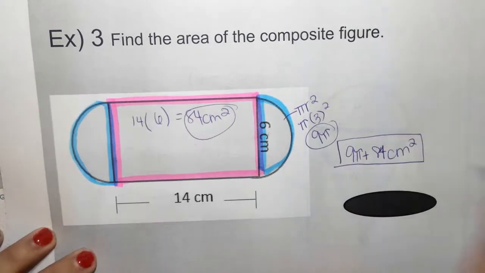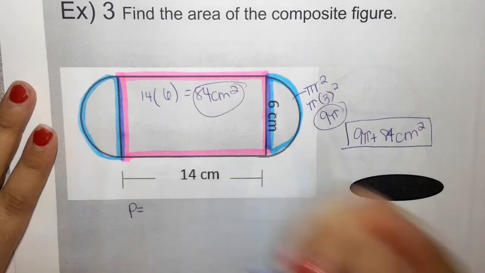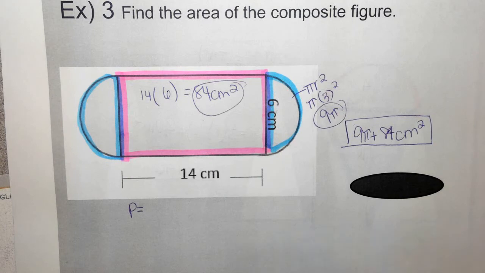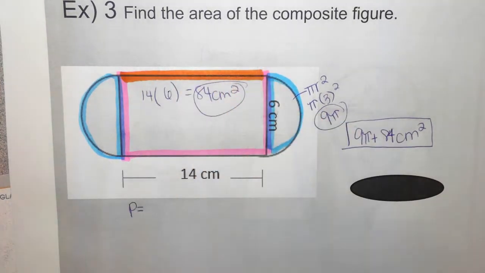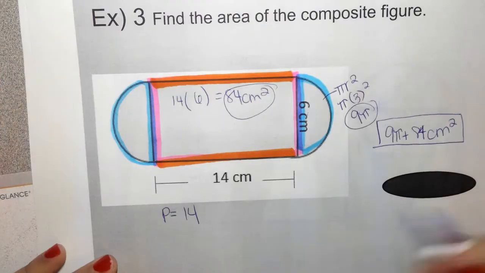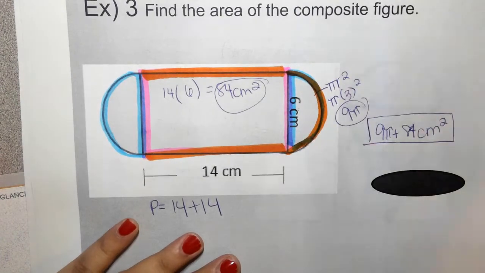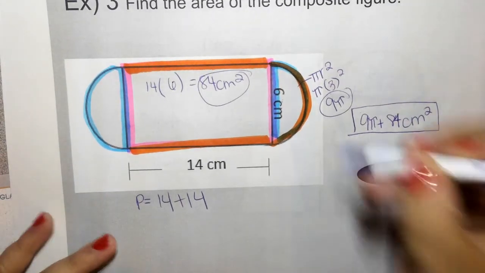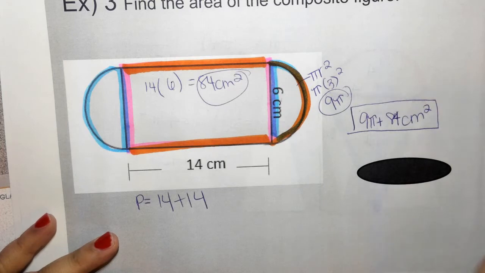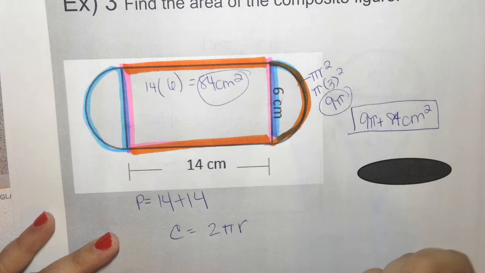Now you could put 84 first, it doesn't matter. On your homework tonight, you also were asked for perimeter. So for perimeter, I'm going to use an orange. I have this as 14. I have this as 14. How do I find this side? Well, how do you find perimeter of a circle? Use circumference. So circumference is 2 pi r, or pi d.